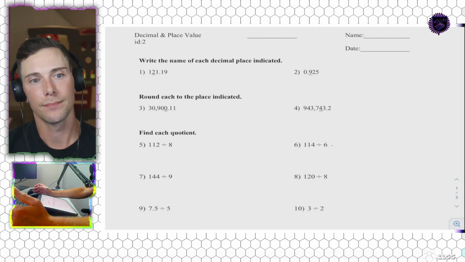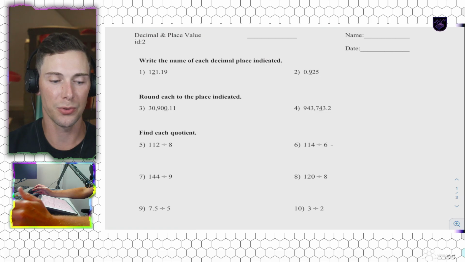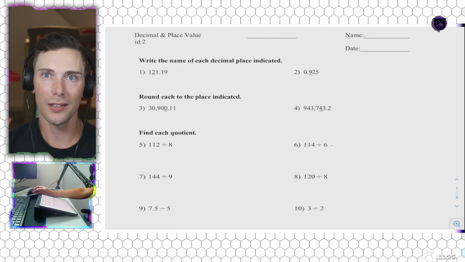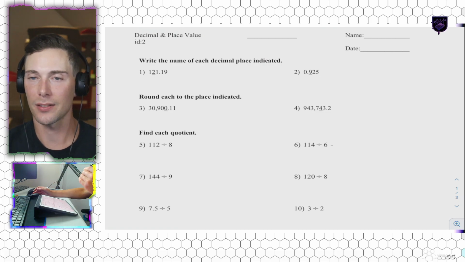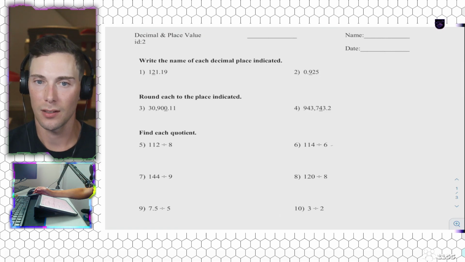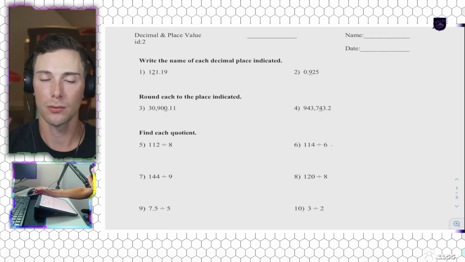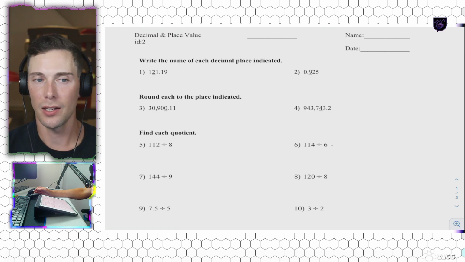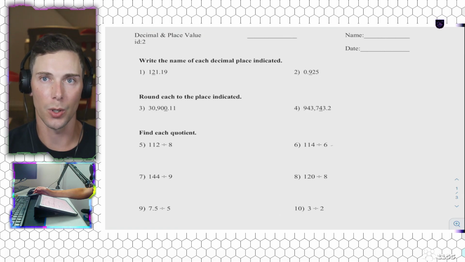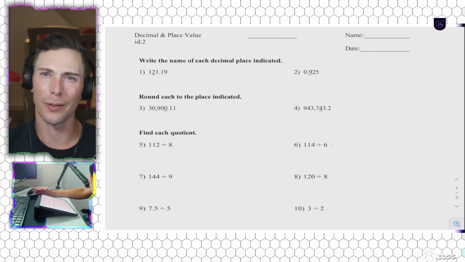Okay, I'm going to try and cruise through this pretty quick. The concepts should have been taught in class. I'm going to go through them thinking out loud, and if there's something you don't understand, why did I do that?